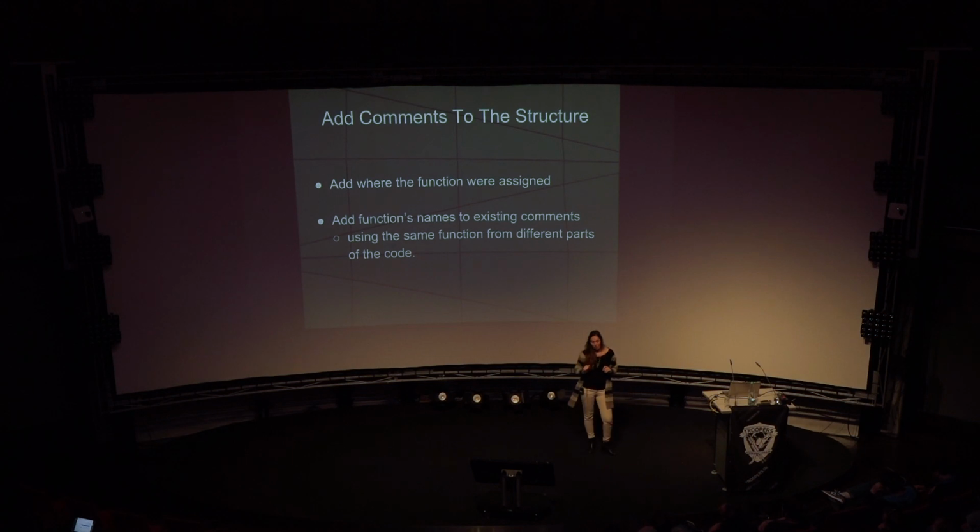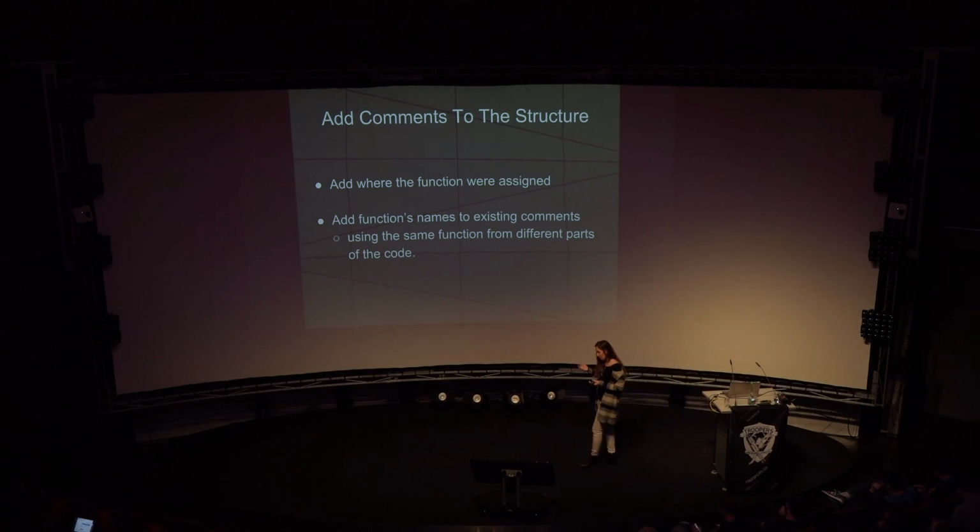We can add comments to the structure, but we need to think about two things. If you have a function, it could be called from more than one place, so you need to add all the places that this function was called. This is something that I considered when I wrote everything. The first case is when the function was not called yet, and we just write a comment.